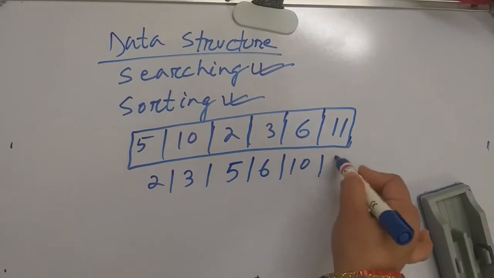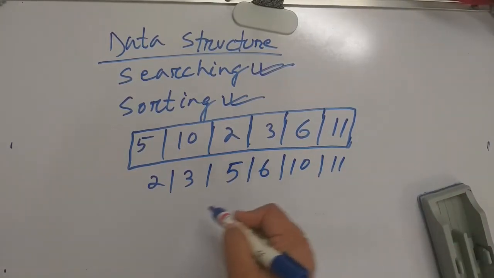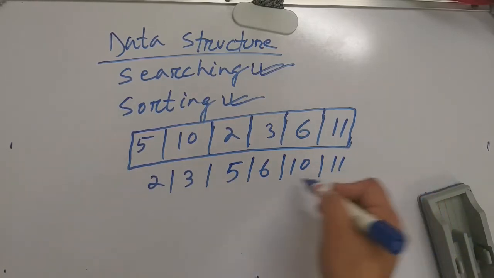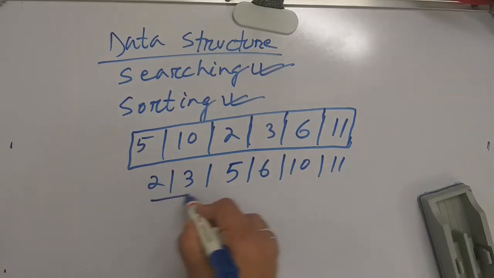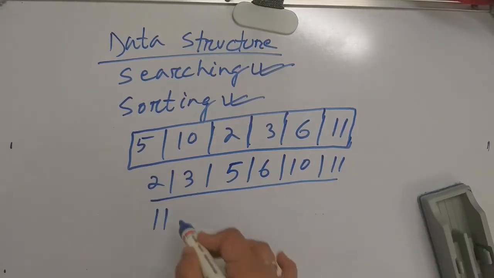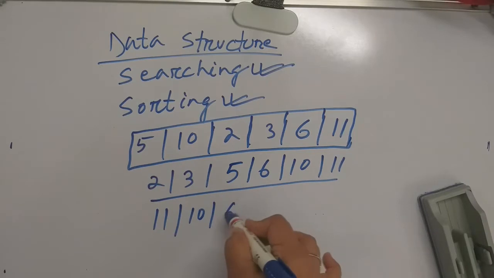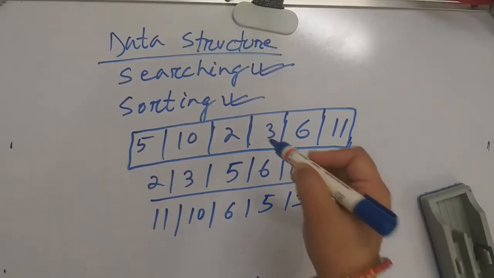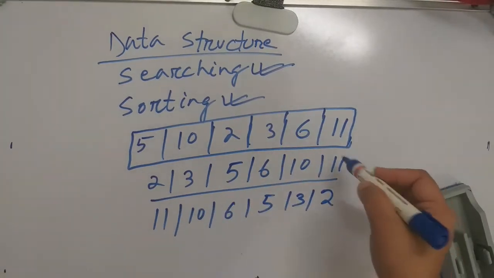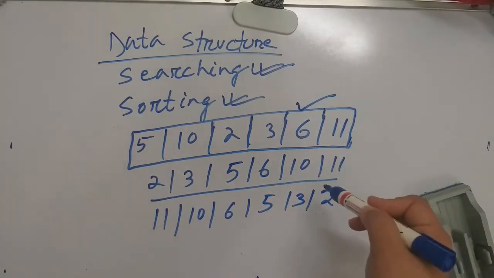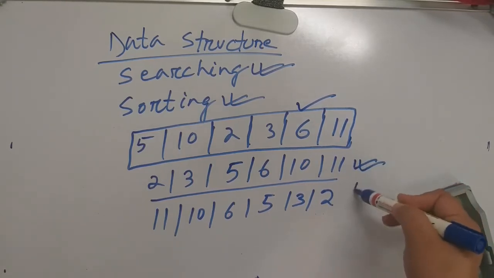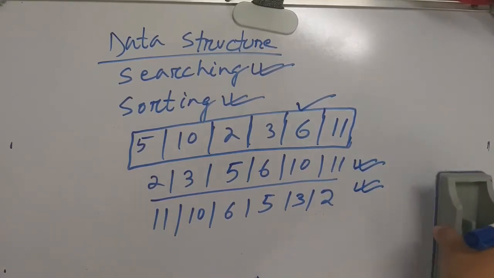In the question it is given whether to sort the list in ascending or in descending order. If sorted in ascending order, the result is like this. If sorted in descending order, the result is like this. So one particular list is given, and according to the question we sort the list either in ascending or descending order.